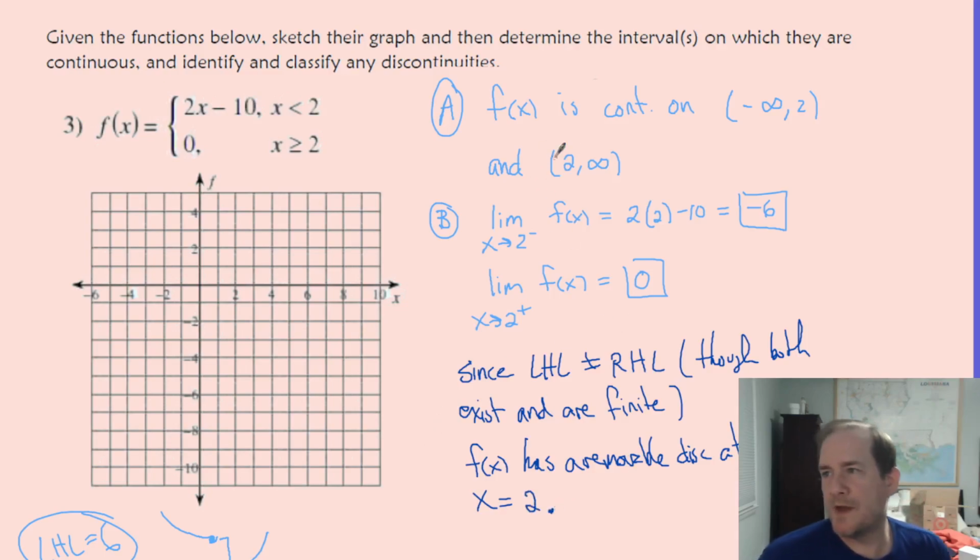But there you go. Again, we're continuous from here to here, then we've got a jump discontinuity here.